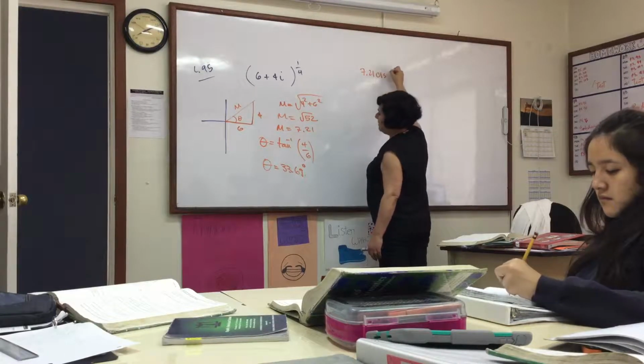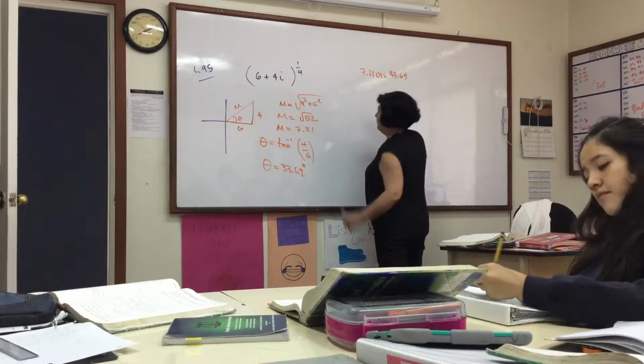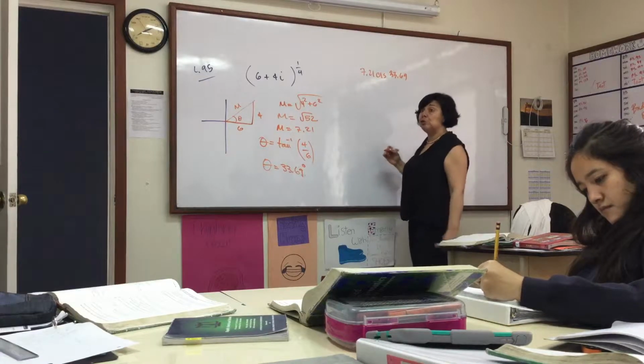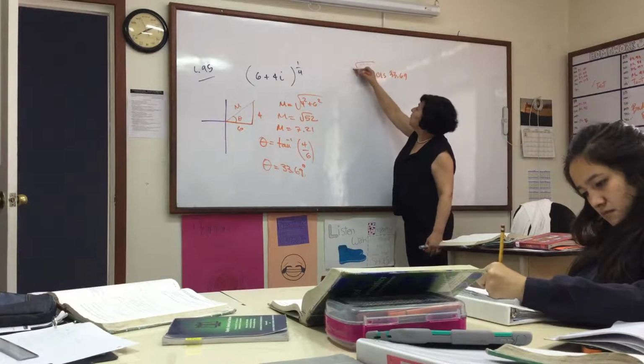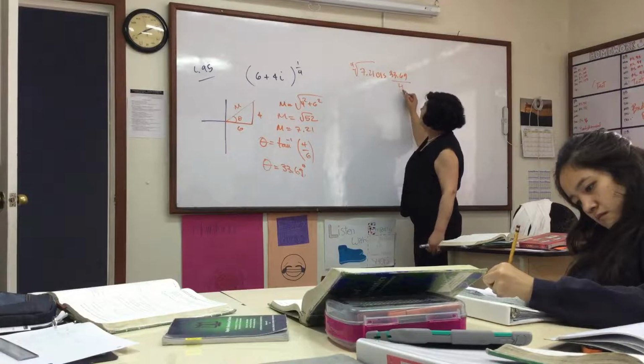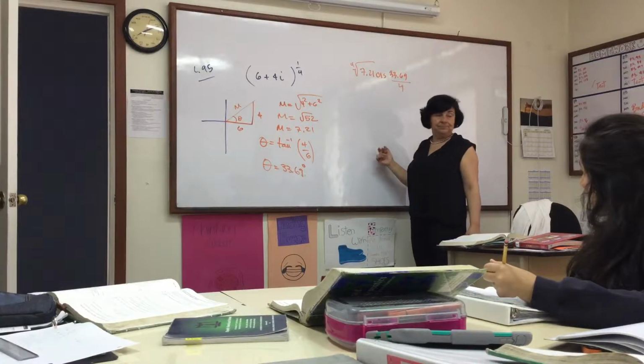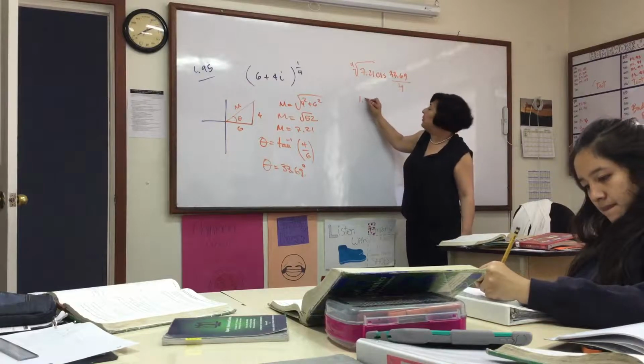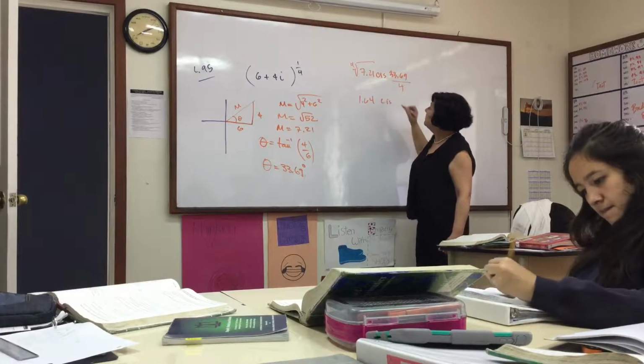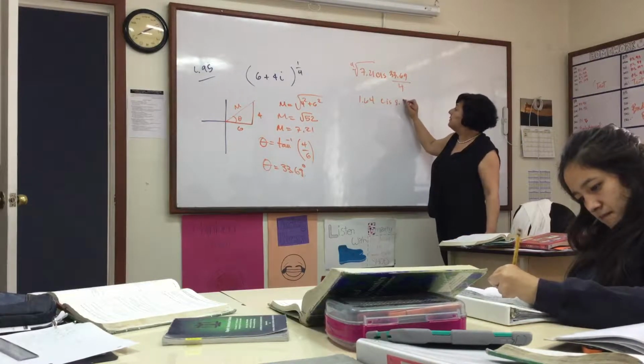And then you put 7.21 cis 33.69. And since it's fourth roots, that's the fourth root of 7.21, which is 1.64 cis, 33.69 divided by 4, 8.42.